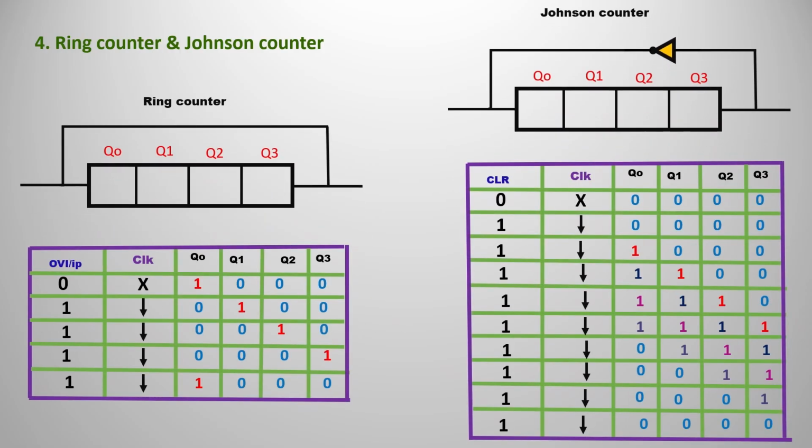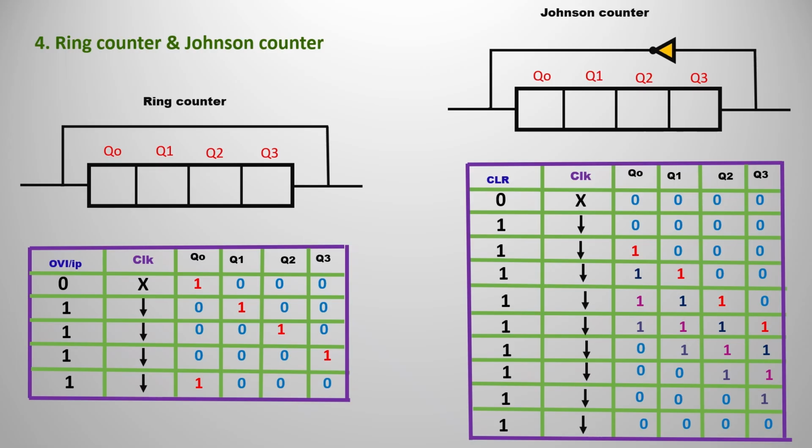If you want to analyze with the help of the truth tables also, these are the truth tables for the ring counter and Johnson counter. Basically, you can observe how the movement of the one happens in the ring counter. First of all, you are taking 1 0 0 0 in the ring counter, with Q0 as 1 and the remaining as 0. So the shift of the 1 is happening. Again it is coming to the original position.